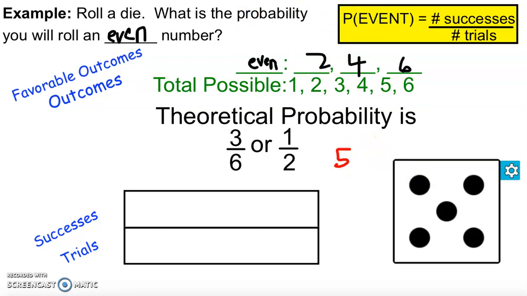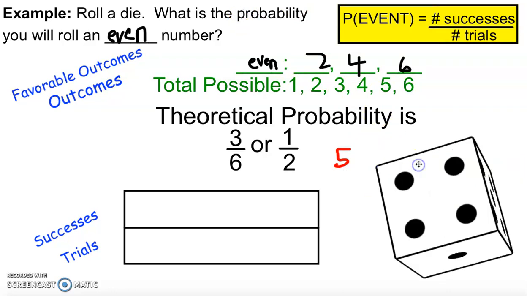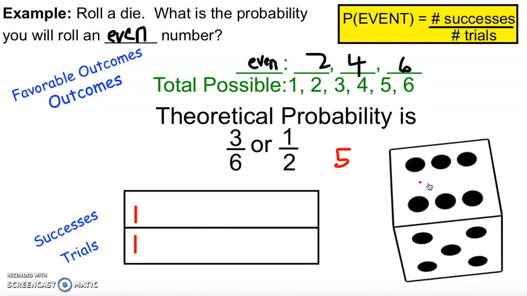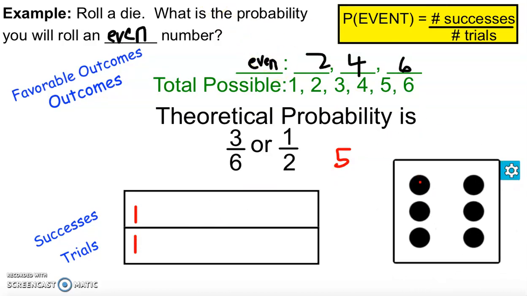Okay, well, it's not working, but we'll see. Okay, so we got 1 success in a trial. Let's do it again. All right, we got it again. A success in our second trial.